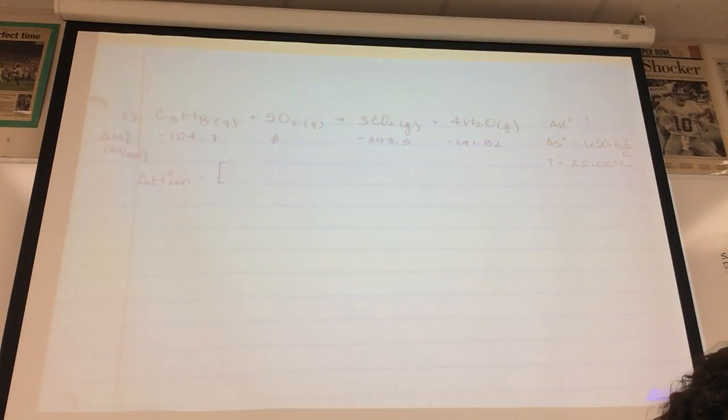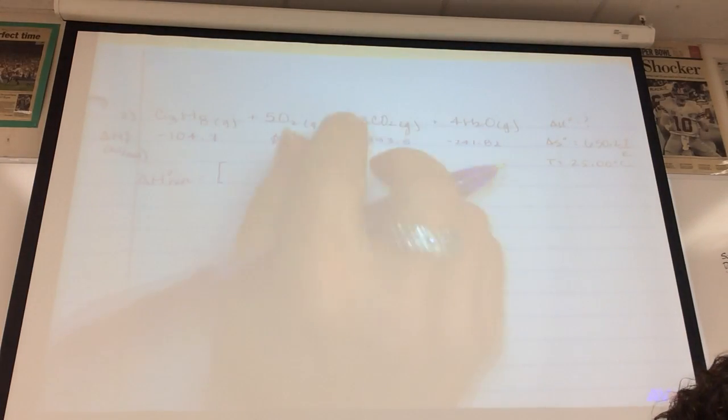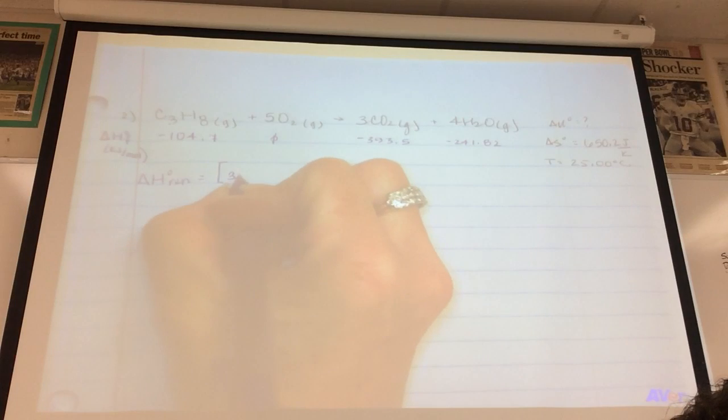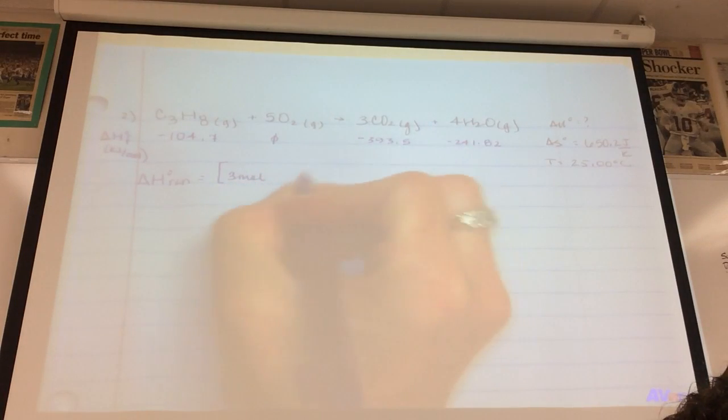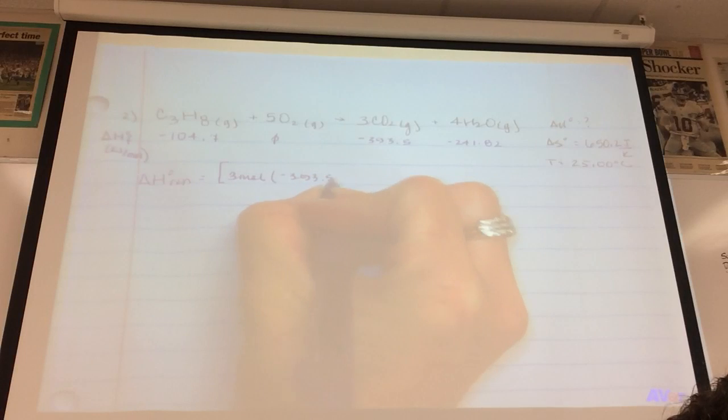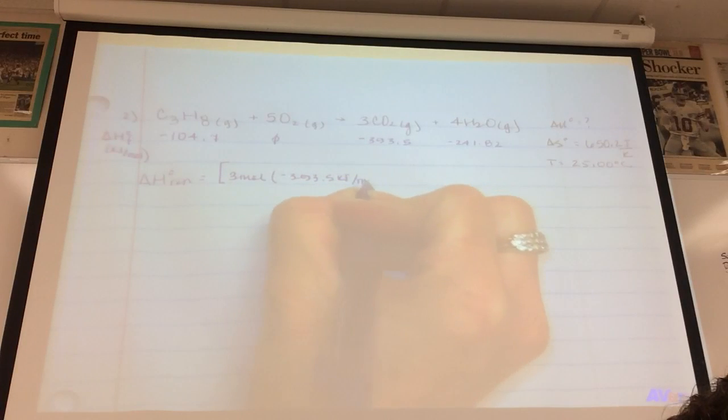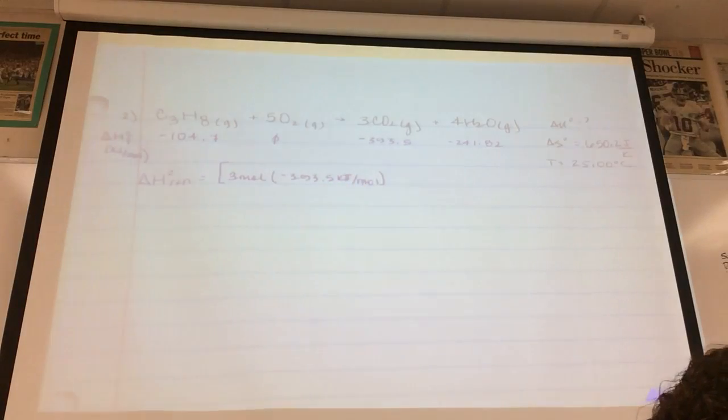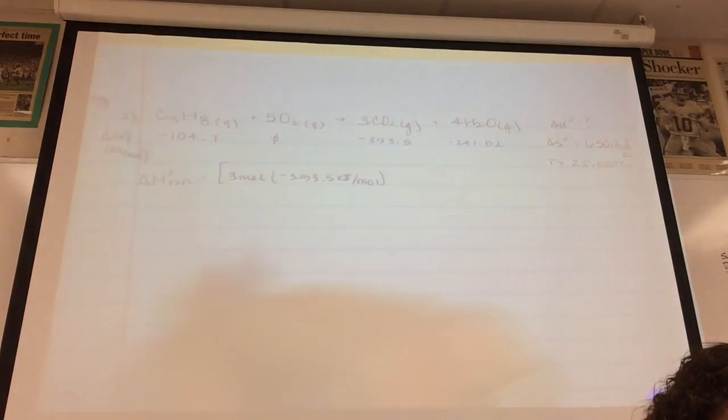Yep. You do the sum of the products minus the sum of the reactants, in terms of their delta H, taking coefficients. You got it. So you have 3 moles of carbon dioxide times its delta H of formation. And this is kilojoules, little k, capital J. A couple kids wrote kilograms on the quiz.